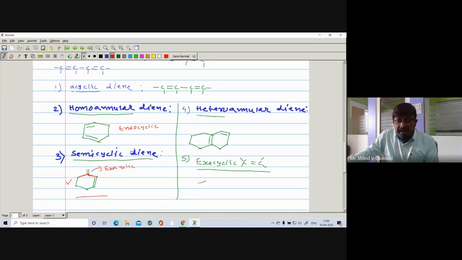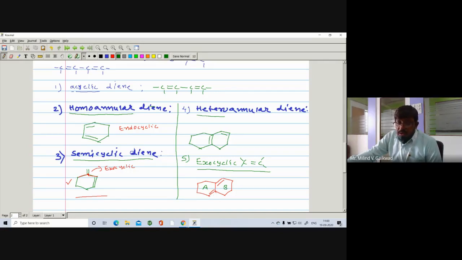Suppose I take such an example: here is one ring and here is another ring, right? Now there is a pi bond, single bond, and pi bond. There are two rings, ring A and ring B. You'll find that these two pi bonds are in conjugation, and in ring A you have this pi bond.